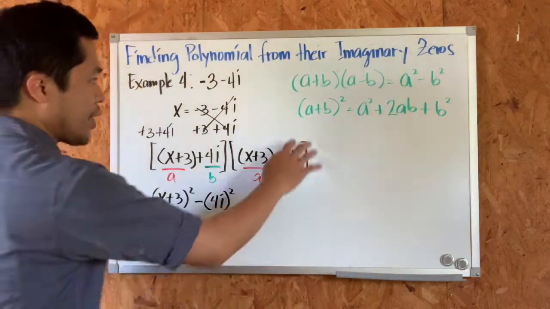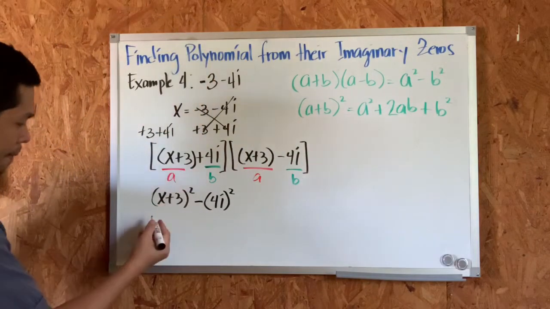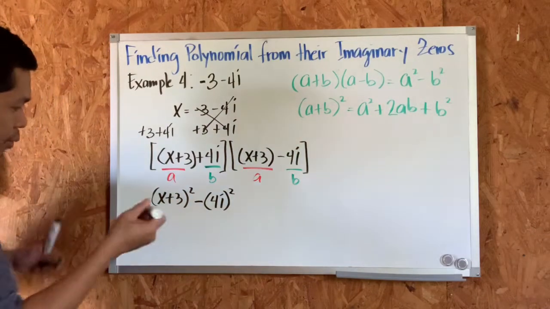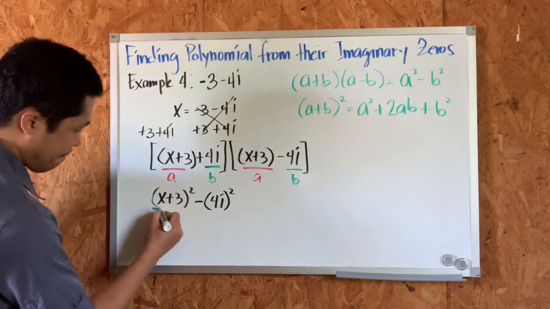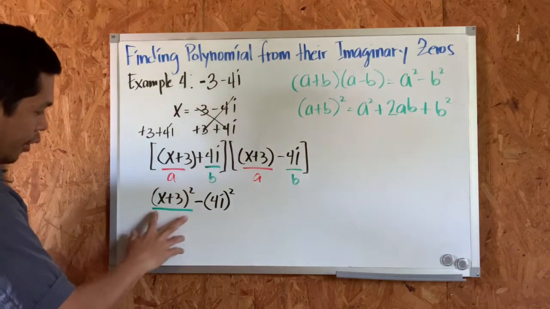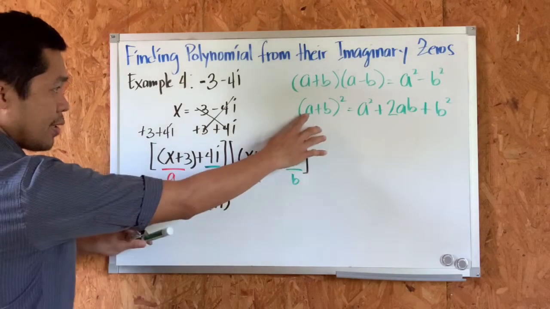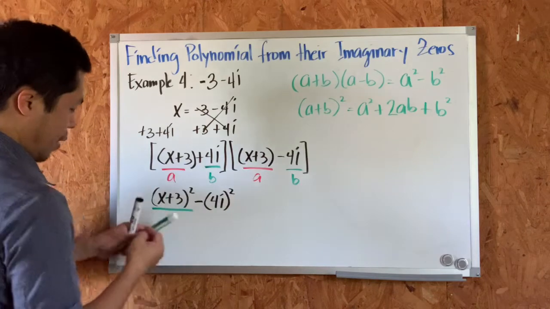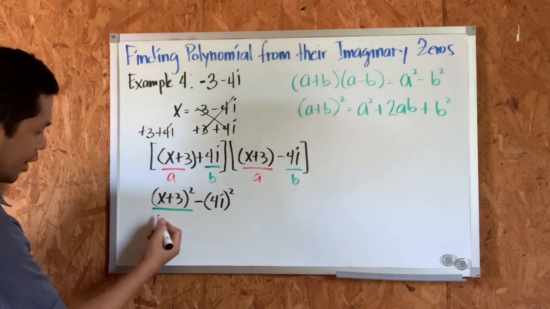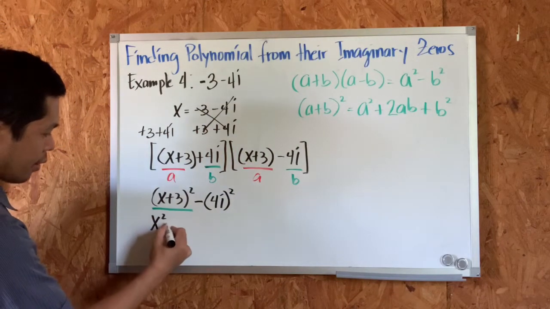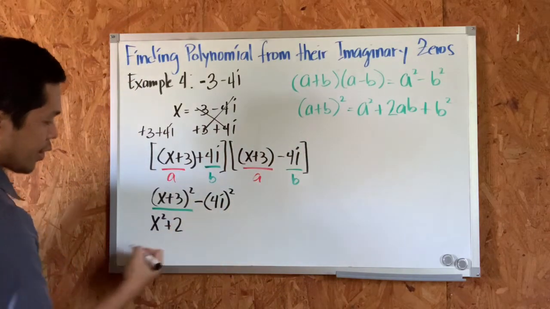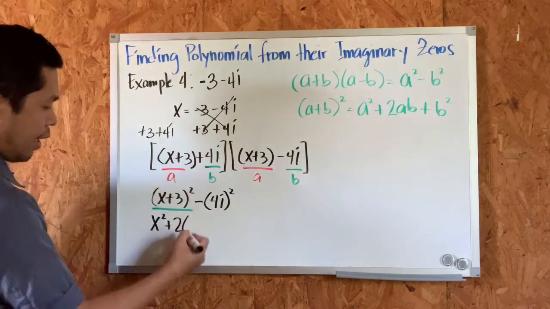So using this identity, let's solve this. We're solving this one. And for this, our a is x and our b is 3. So to solve for this, this is equal to x squared plus 2. 2 is a constant, it's always there, part of the identity.